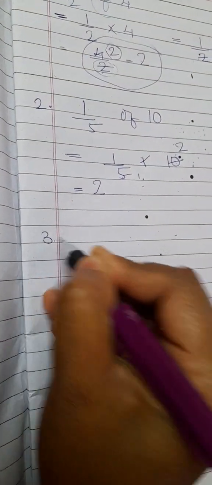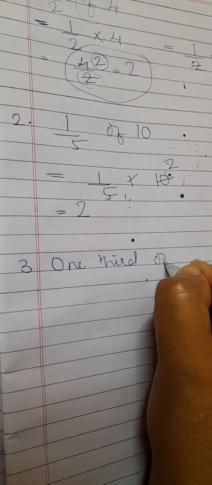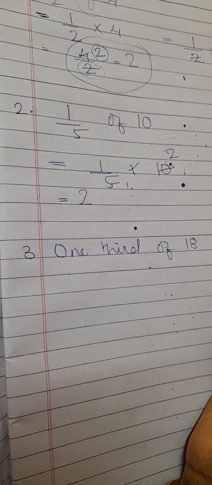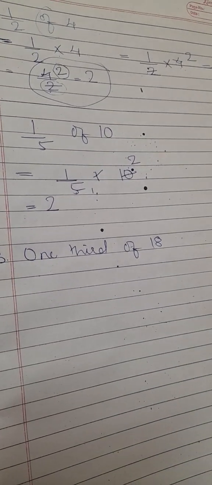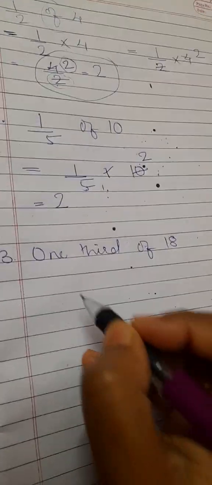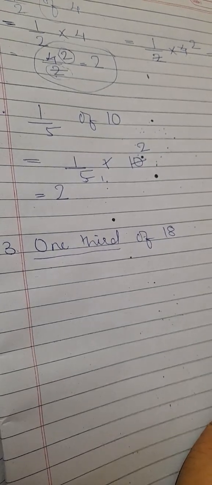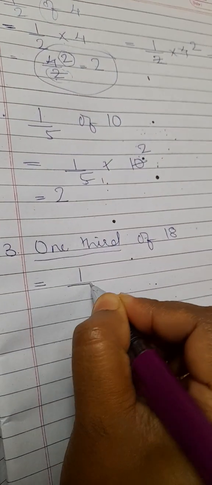Now these are simple numbers. You may get a question like this: 1/3 of 18. Oh my God, it looks very tricky for you. But it's not tricky at all. Let's make it simple. What is 1/3? 1/3, as I said, is 1 by 3.